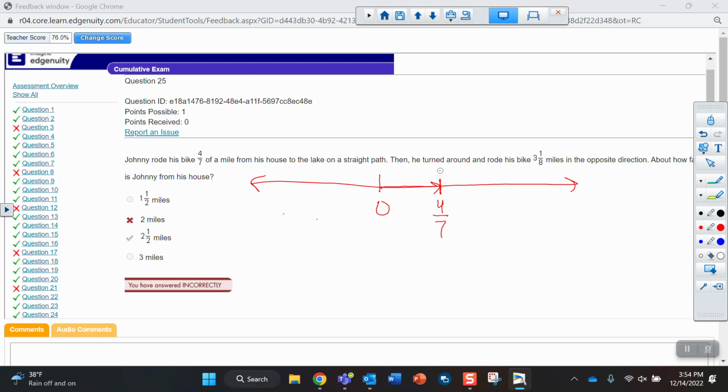So maybe he went east and now he's headed west. He's definitely going further past his house the other direction. And now let's say that this is 3 1/8 miles. So we're going to use positive 4/7, and we're going to add to that a negative 3 1/8. So that's what we should be doing here.